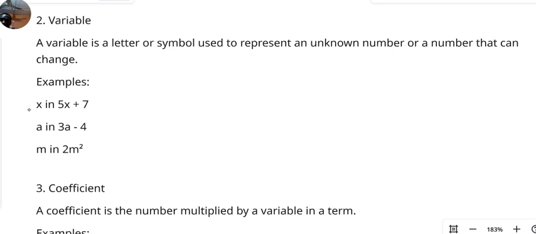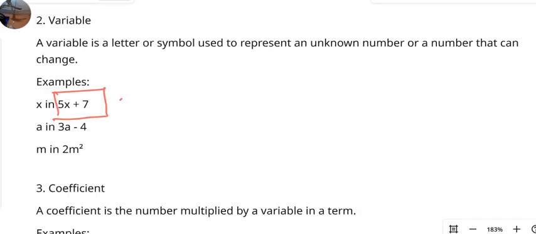For instance, look at this example that we have here. This is the expression 5x plus 7. What is the alphabet in this expression? Is 5 an alphabet? No. Is 7 an alphabet? Never. The alphabet here is x. So the variable is x.